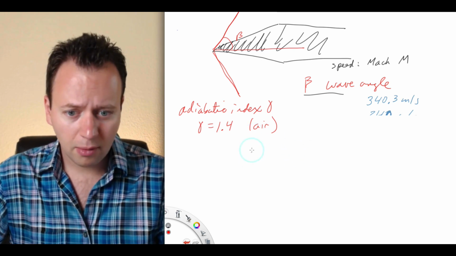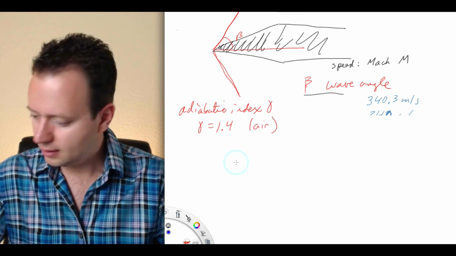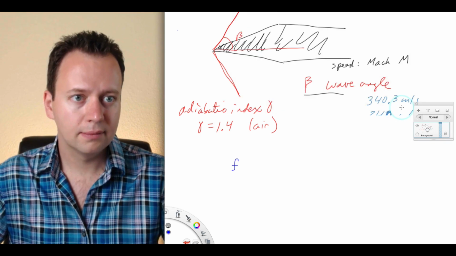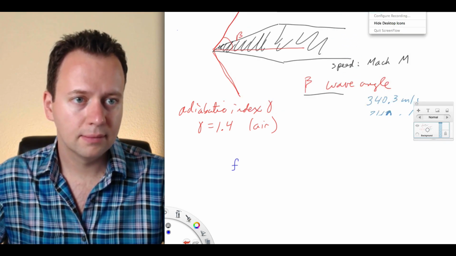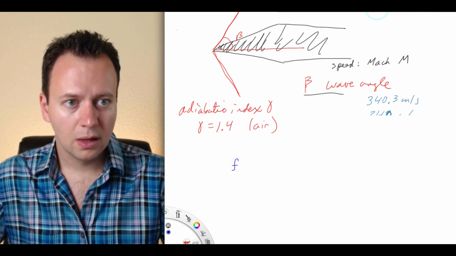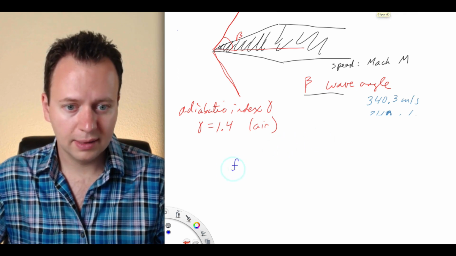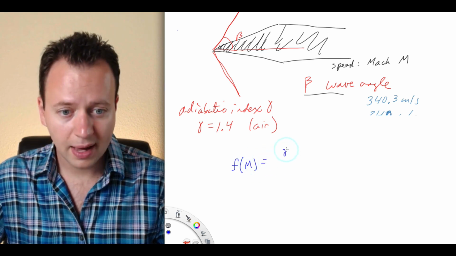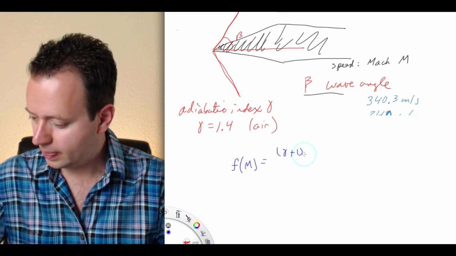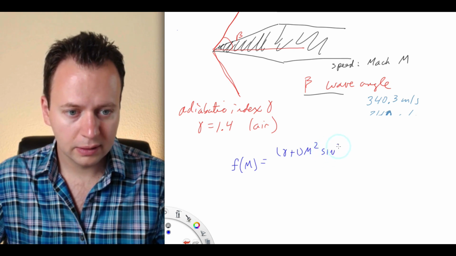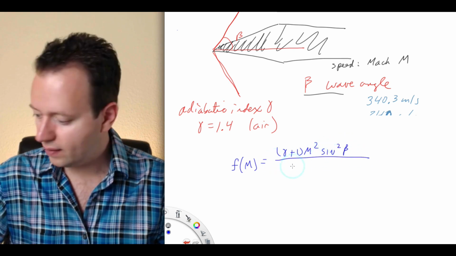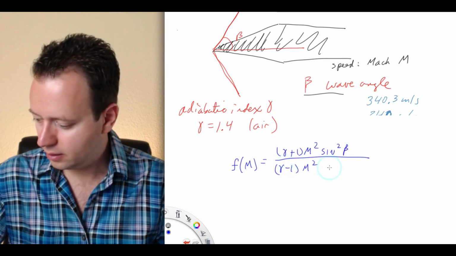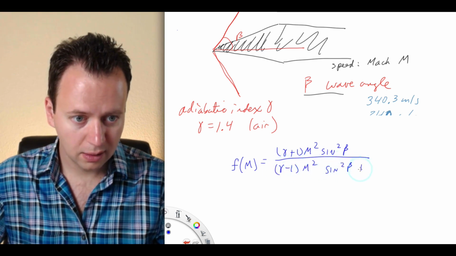So in this problem, we're going to take a look at the density ratio. F of M is given by (gamma plus 1) M squared sine squared of beta, divided by (gamma minus 1) M squared sine squared of beta plus 2.